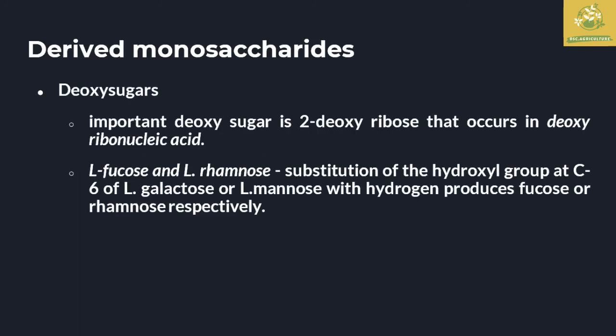So what are the derived monosaccharides? I have already told you about deoxyribose, which is a derived monosaccharide, found in deoxyribose nucleic acid. As well as L-fucose and L-rhamnose, which are formed by substituting the hydroxyl group at C6 of L-galactose or L-mannose with hydrogen, producing fucose and rhamnose respectively.